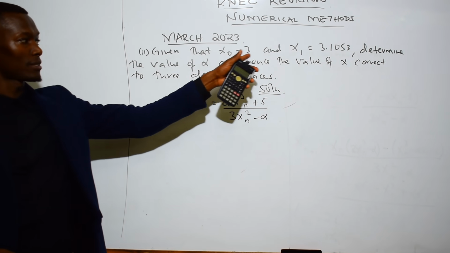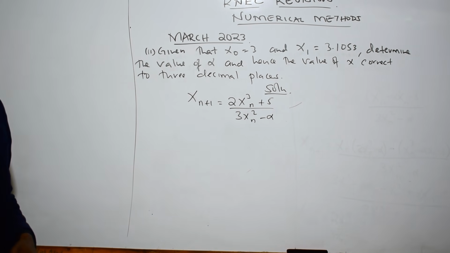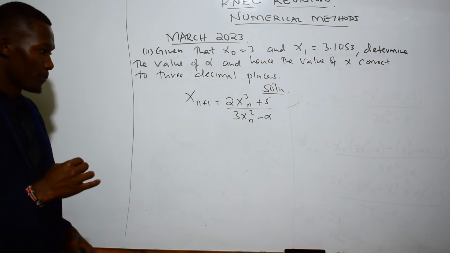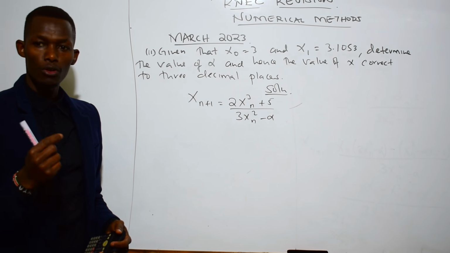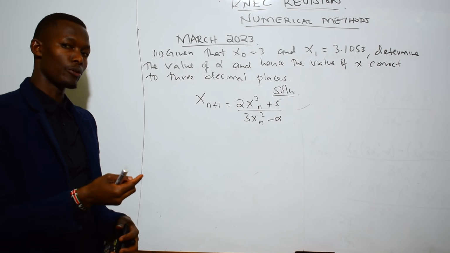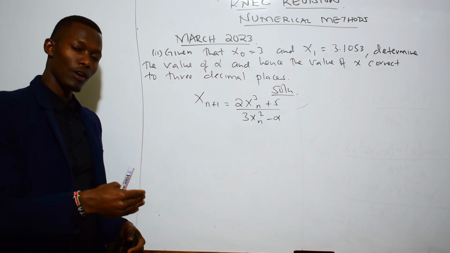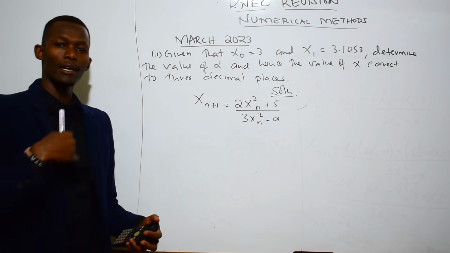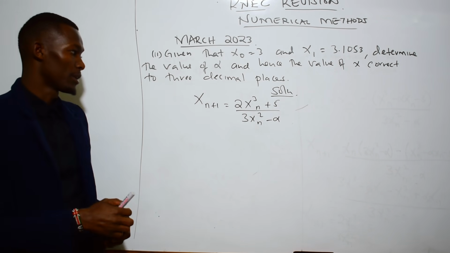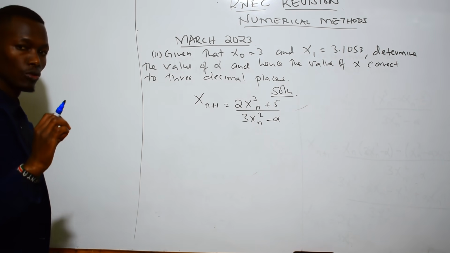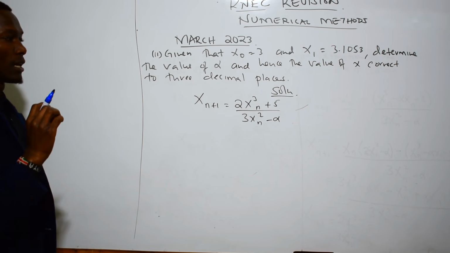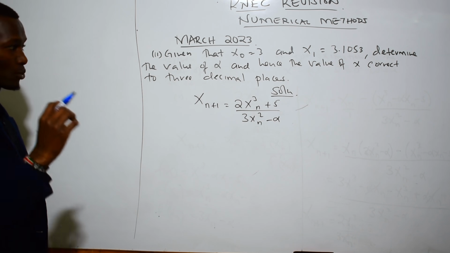Now, you've been given the first and the second values of x. So what do we know? When you have the first approximation, you always replace the value of the first approximation to get the second approximation. Then the value you get, you use it again to get the third approximation, and so on and so forth. So now we've been given the value of x0, and we've been given the value of x1.